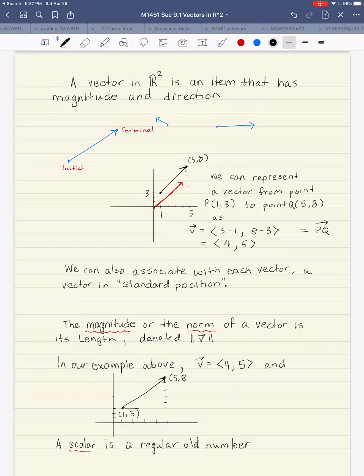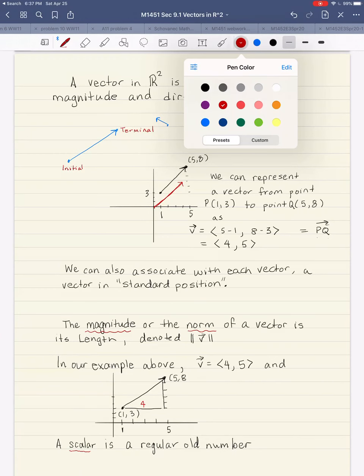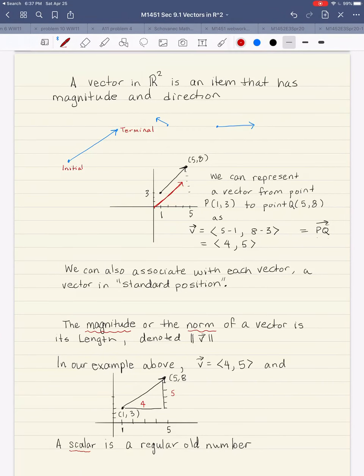So the magnitude of this vector is its length, but we've had enough right triangle trigonometry that we can find its length by using the Pythagorean theorem. If I went from x is 1 to x is 5, then this length is 5 minus 1, or 4. And if I go from 3 to 8, the length of that is 5.